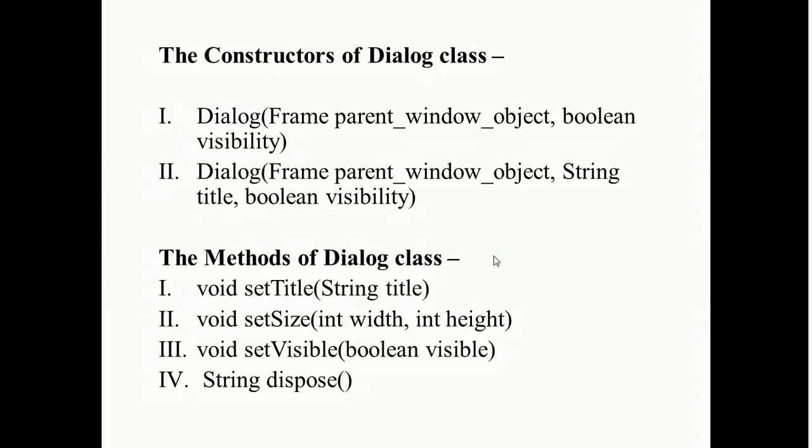The fourth method is dispose. The dispose method is used to free all the system resources associated with the dialog box object. These are the four methods of the dialog box: setTitle, setSize, setVisible and dispose.